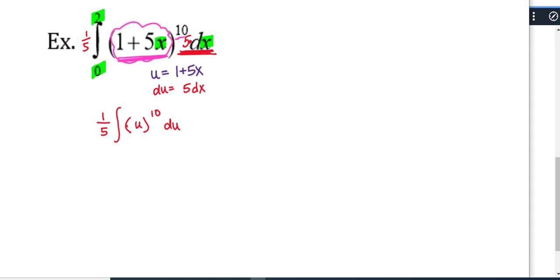What we're going to need to get a little bit better at in Calc 2, if we weren't in Calc 1, is that it's going to be very, very helpful to change our bounds. For example, our bounds started at x equals 0. So I'll say if x equals 0, I'm going to figure out what u is.